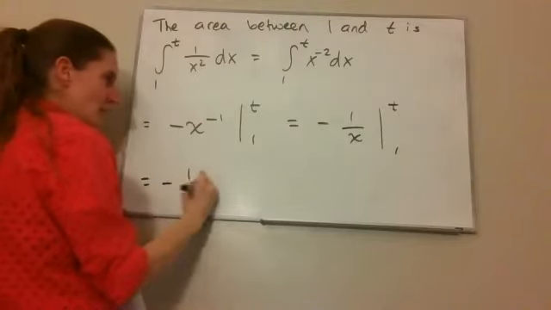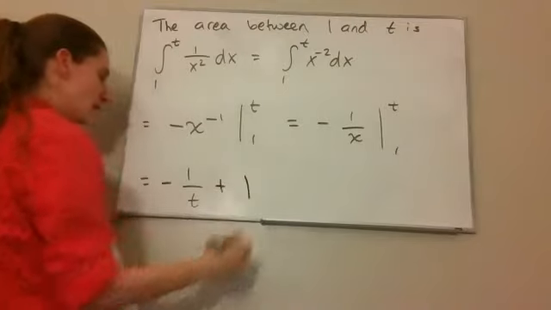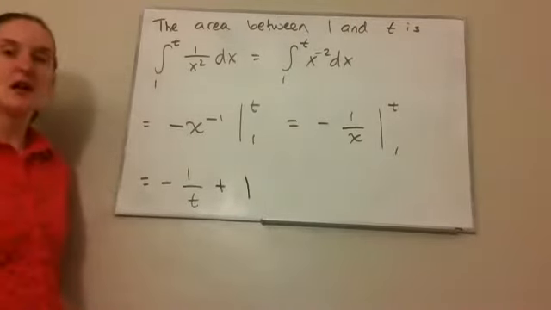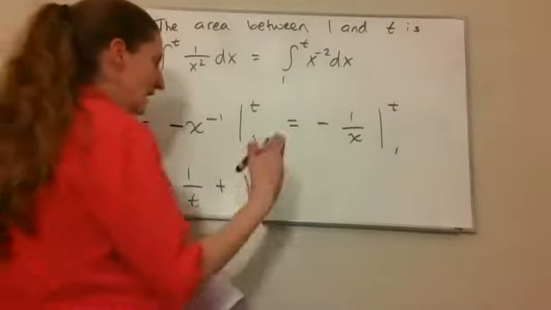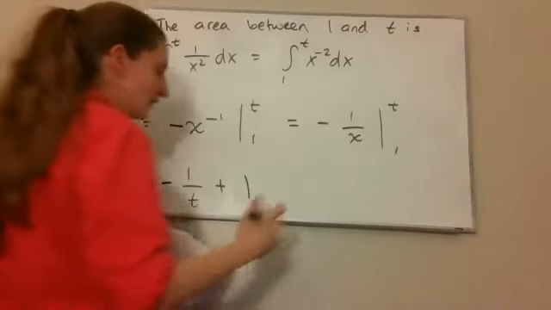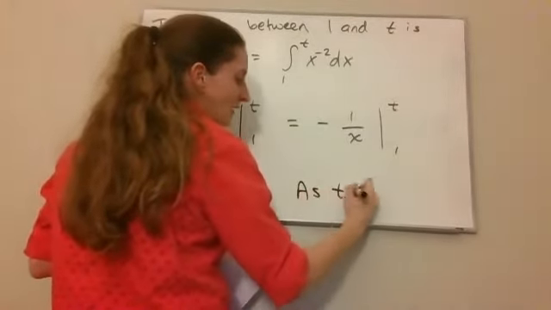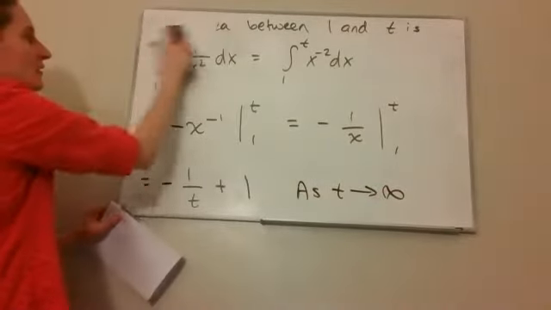So I get negative 1 over t minus negative 1 over 1. So I get negative 1 over t plus 1. And now if I just imagine taking my t bigger and bigger, what happens to this area? As t goes to infinity, what happens to the area?